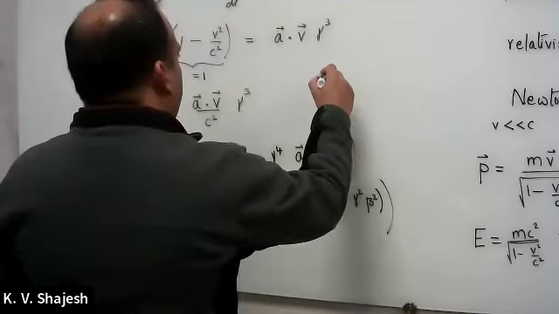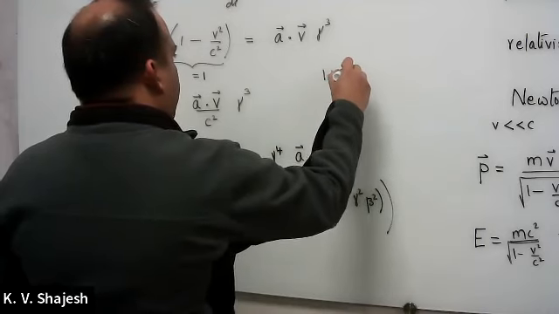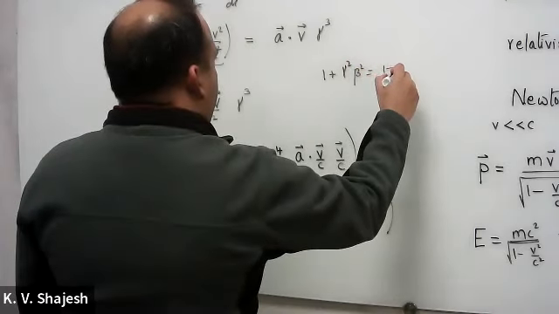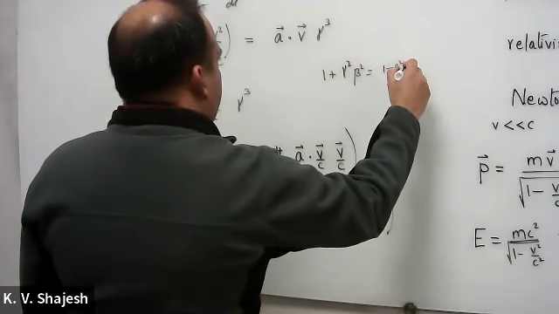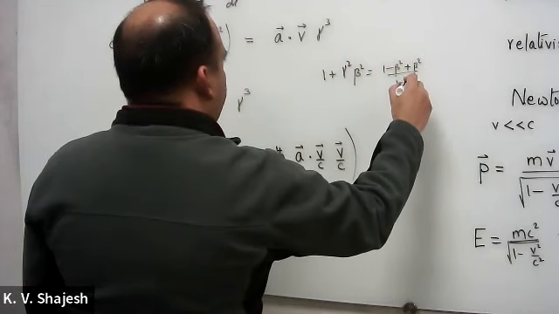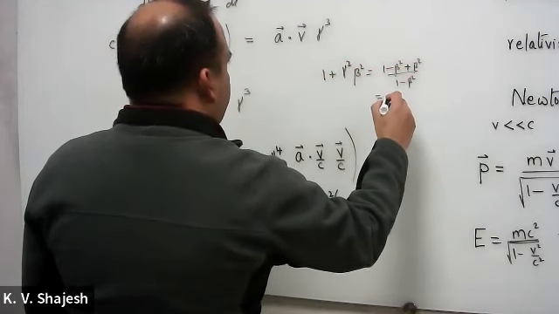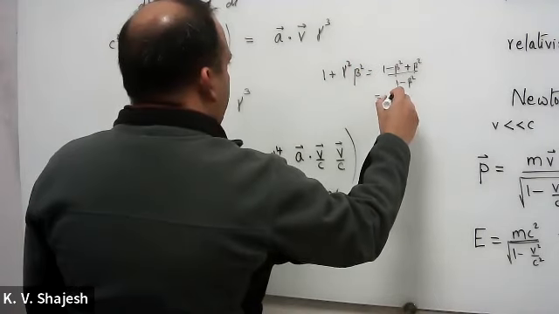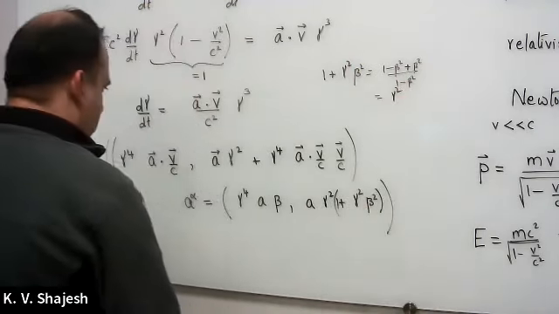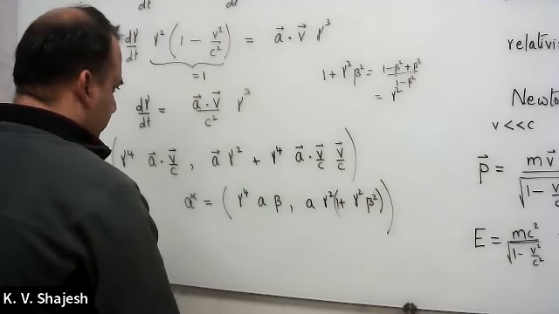What is 1 plus gamma squared beta squared? So that's 1 minus beta squared plus beta squared over 1 minus beta squared. So that's gamma squared. So that's gamma raised to 4, correct?